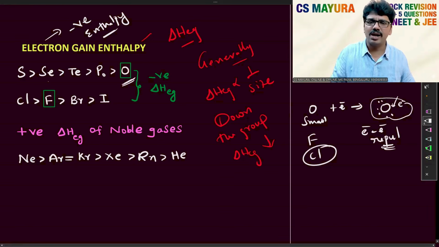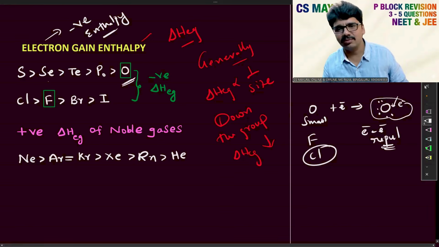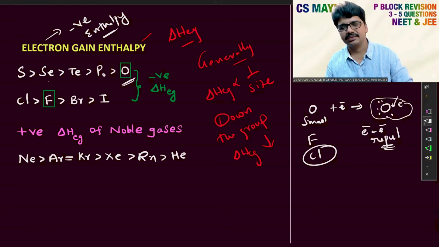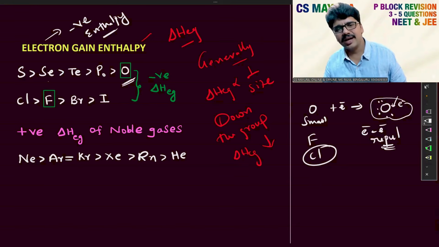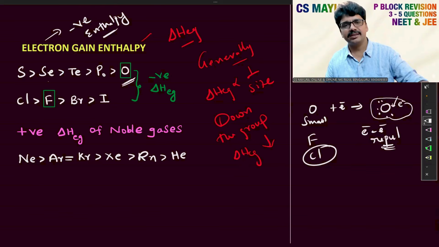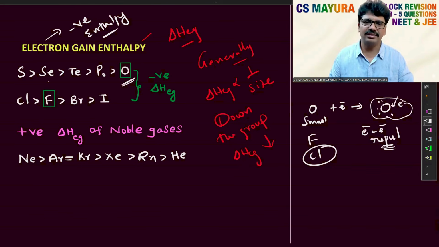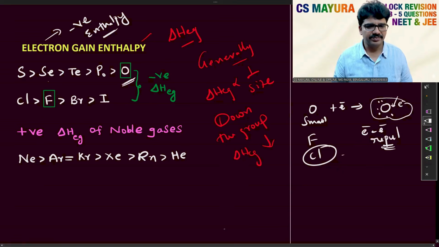Even though due to small size electron repulsions are more, the amount of energy released is less compared to chlorine. So the second element has more negative electron gain enthalpy than the first element because of smaller atomic size and electron repulsions. So this is one point.